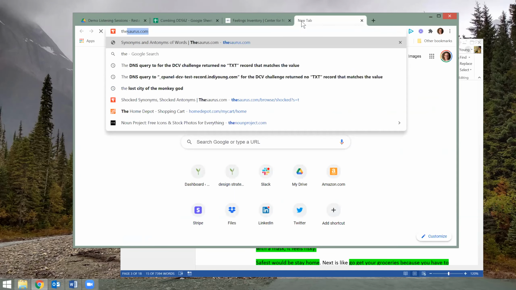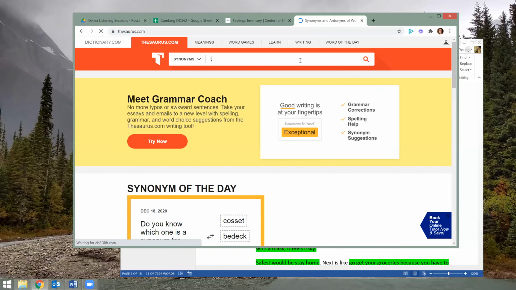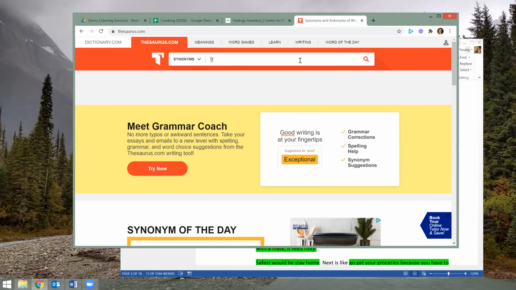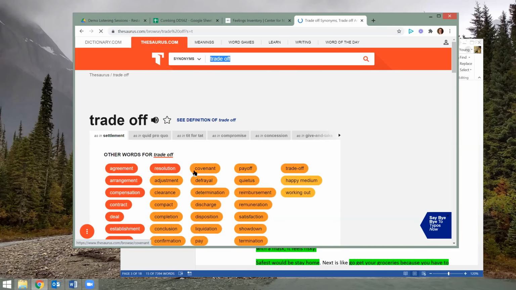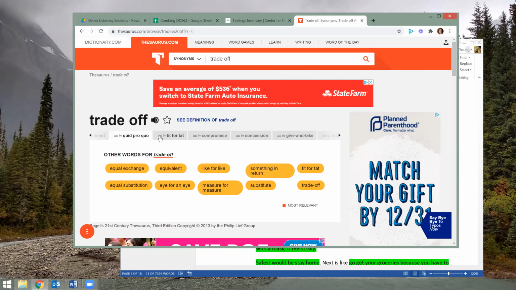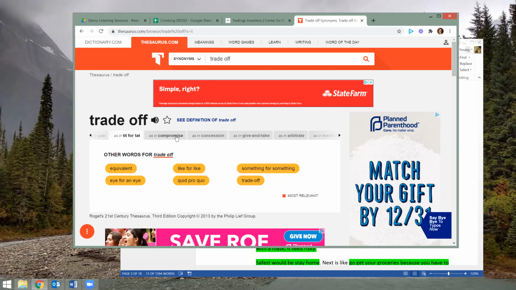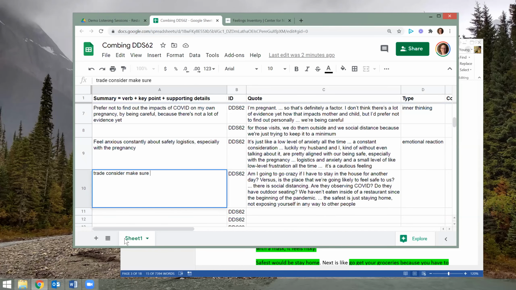Go to that thesaurus. Balance, maybe. How about that? Balance. There we go. I didn't even see that word there, but just the act of looking helps me get verbs in my head. I like balance better.